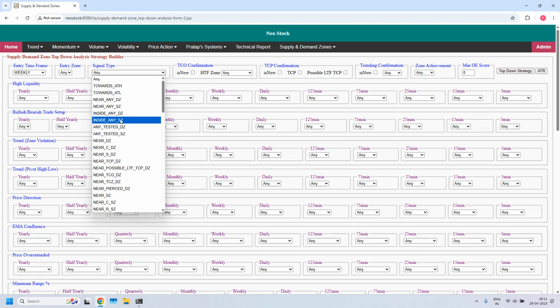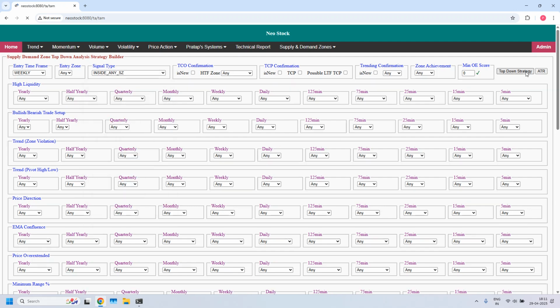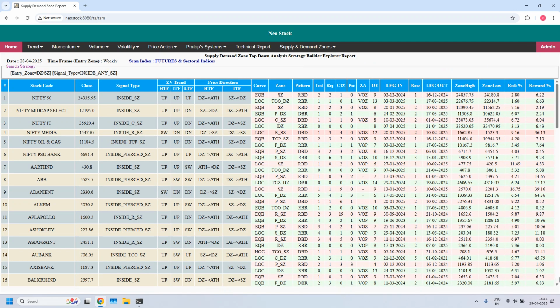Price closed inside the weekly supply zone. First 16 stocks in the list. Scrolling the list down.